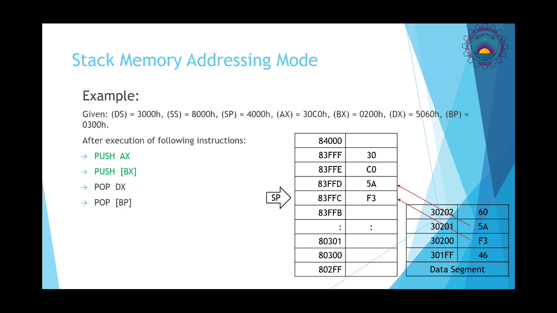So that is the data transfer, and after that word transfer from data segment to the top of the stack, the stack pointer will be decremented by 2. So the new top of the stack is 83FFC.